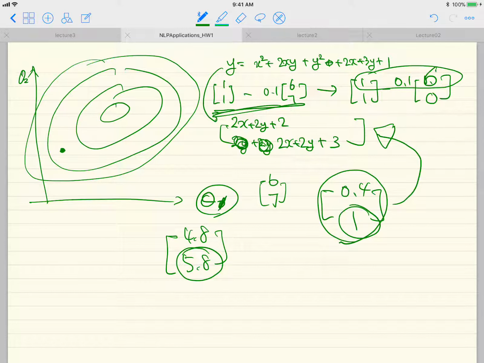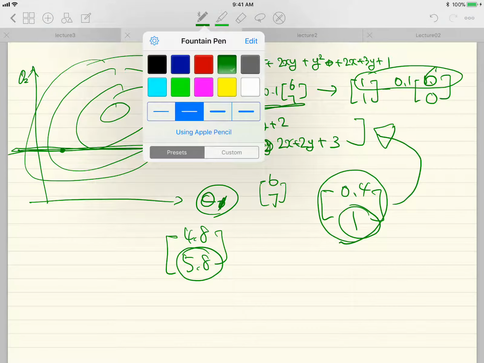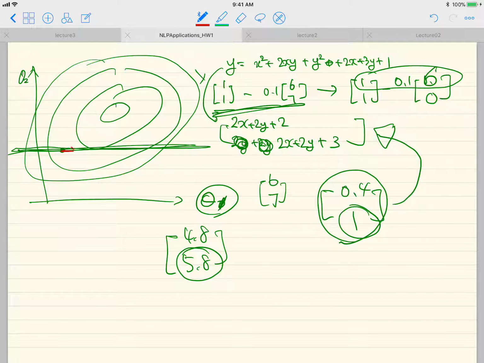geometrically you can view this kind of process as follows. Because we are updating theta 1 only, it can be viewed as moving along this horizontal axis, the theta 1 axis. So it's like going in this direction, right? And in that case the mountain was looking like this, okay? So that way the gradient was this, and then we moved to the right, okay?